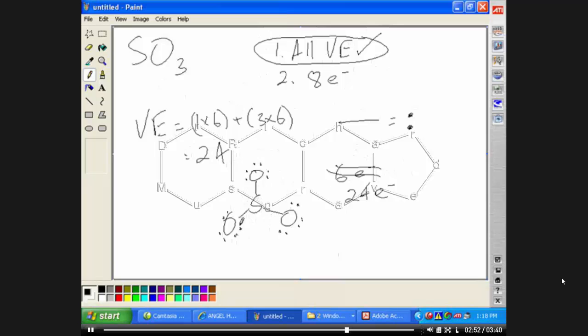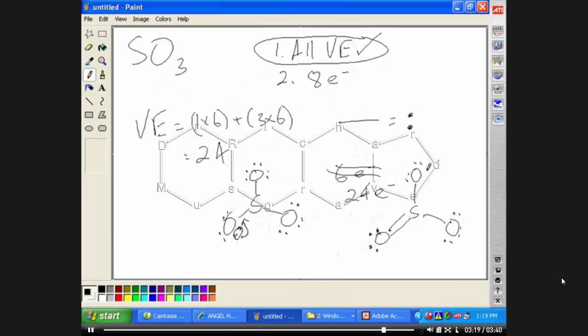My only option is to chop out one of these pairs of electrons and put it into a bond here and form a double bond. Now when I do that, what I'm left with is 4 electrons on this oxygen here.